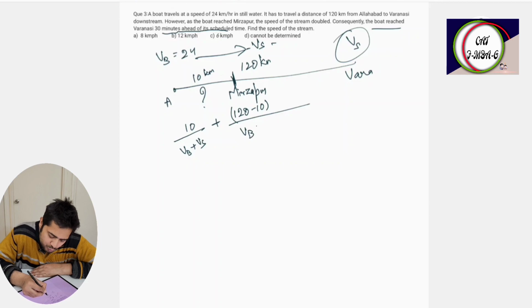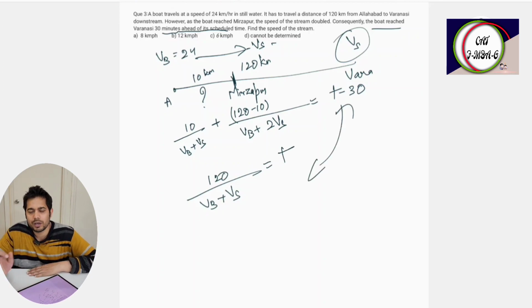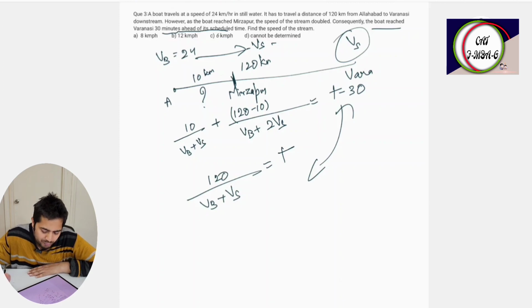And it is reaching 30 minutes ahead of the scheduled time, so T minus 30, and T would be 120 divided by VB plus VS. We would have equated both these equations and found the missing value. VS we would have easily found out.